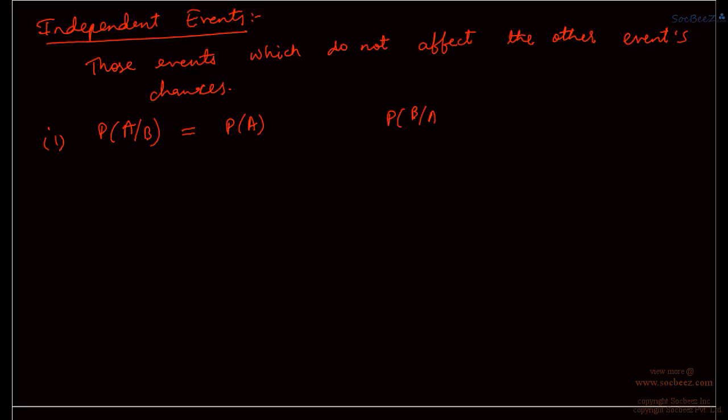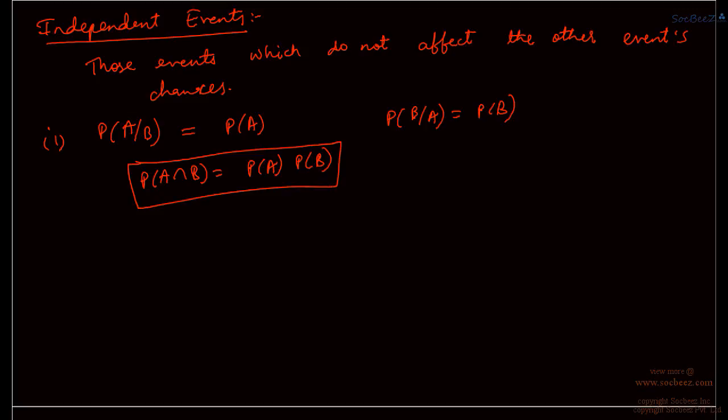So this must be equal to P of A. Similarly, P of B given A, if again A and B are independent, must be equal to P of B only, right? So in other words, if A and B are independent events, I can write P of A intersection B as P of A into P of B. So this is a very important result. If I have this case, then after some investigation, I can also say that yes, the events are independent. So it works both ways.